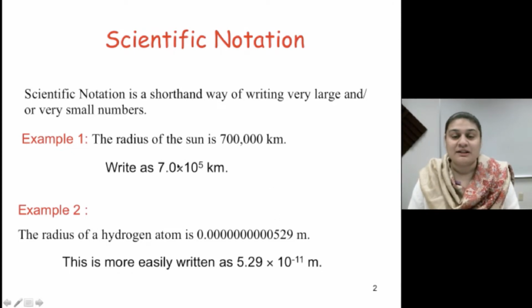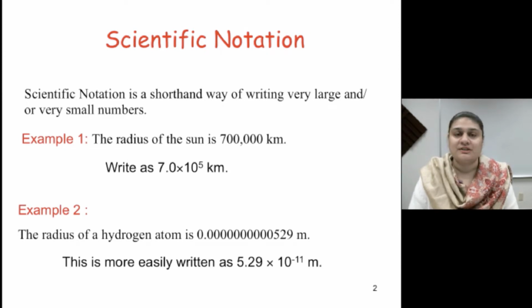So in the 7.0 times 10 to the 5, what you're doing is multiplying the 7.0 with 10 to the 5. That means 700,000 kilometers. Whereas if you take the lower number, which is 5.29, you are supposed to divide that by 10 to the power 11.